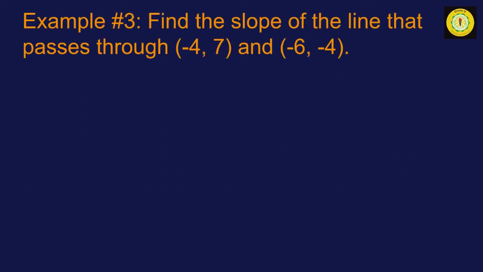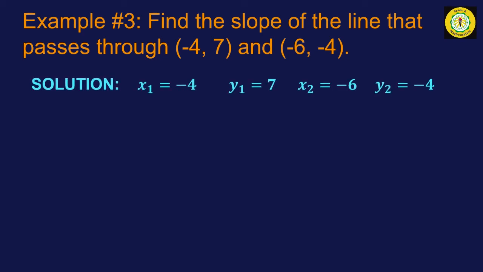Example number 3. Find the slope of the line that passes through point (-4, 7) and point (-6, -4). Solution: x sub 1 equals -4, y sub 1 equals 7, x sub 2 equals -6, y sub 2 equals -4. m equals y sub 2 minus y sub 1 over x sub 2 minus x sub 1. Let's substitute the values.